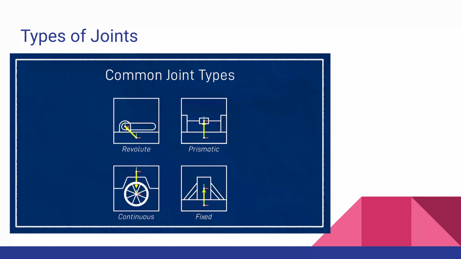The different types of joints commonly used in URDFs are revolute joint, prismatic joint, continuous joint, and fixed joint. Some people argue that a continuous joint is a kind of revolute joint, right? But we say that they are similar, but a continuous joint is generally used when we expect a lot of rotations in the simulation. Suppose we have this wheel here. We will not expect that it will rotate by certain degrees.